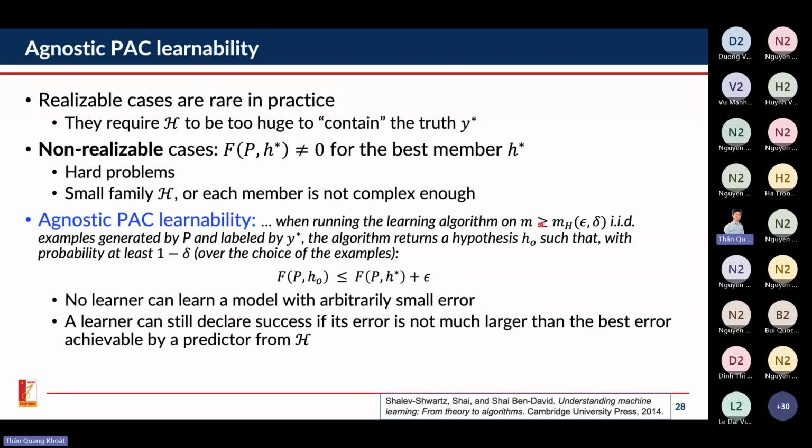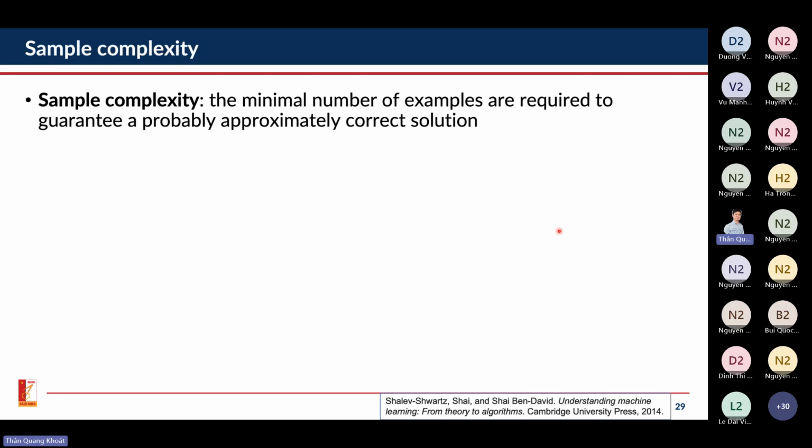Okay, when we have this definition, we base it on one function, m_H, and this function depends on epsilon and delta, right? Sometimes we call that function representing the number of samples needed in order to assure a good model, and the minimum number of samples required for learnability.